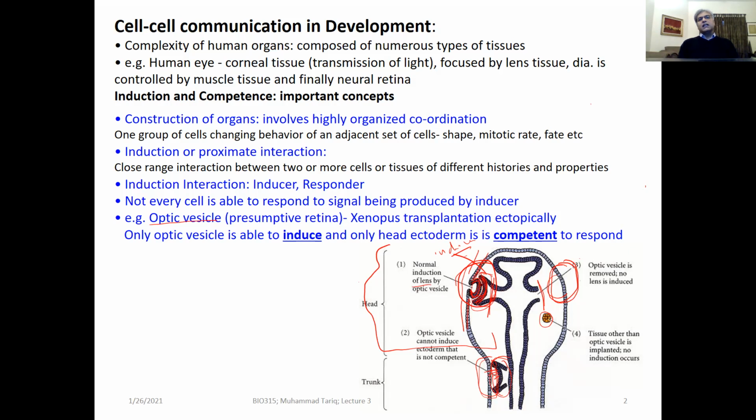And then that signal is received by ectodermal cells here. These ectodermal cells are going to definitely generate a corresponding response, which we will see in the next slide. And what those responses are, we'll see the molecular changes, how this lens formation takes place. Yeah, Abdullah?